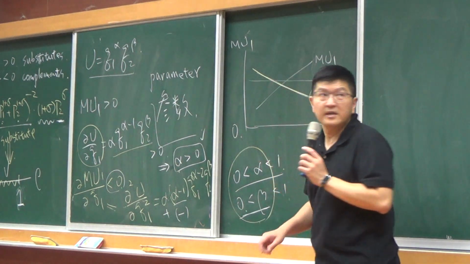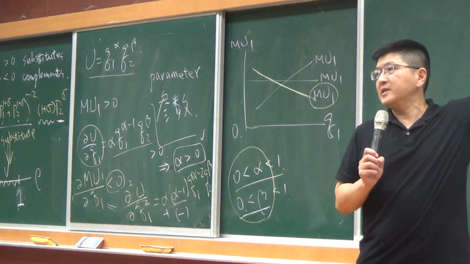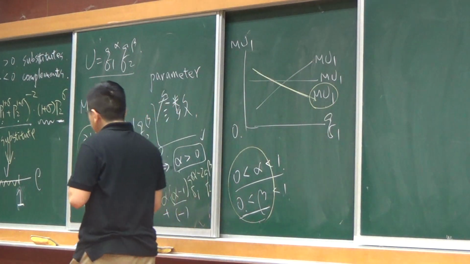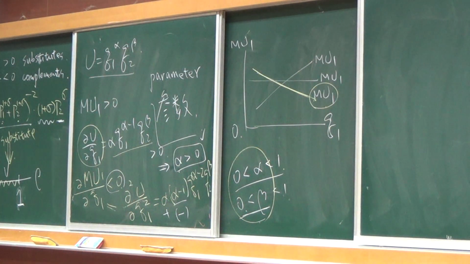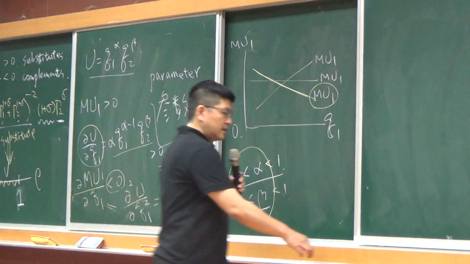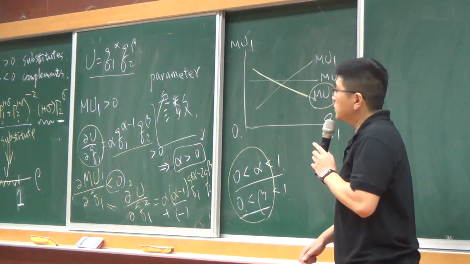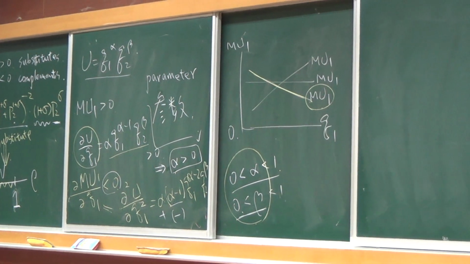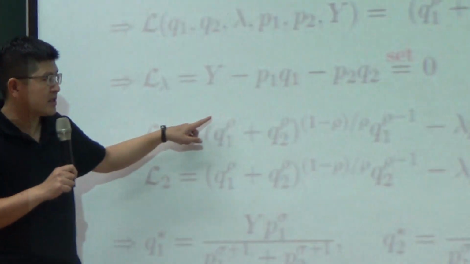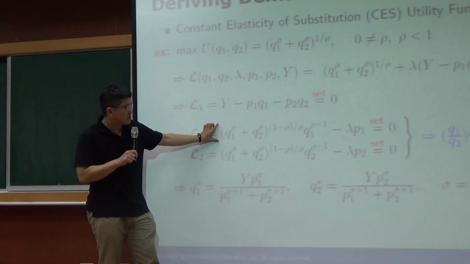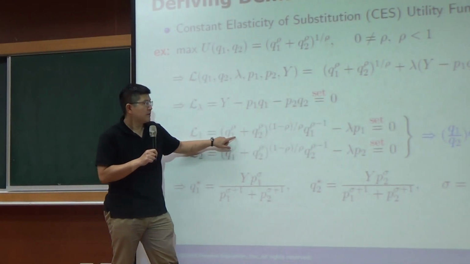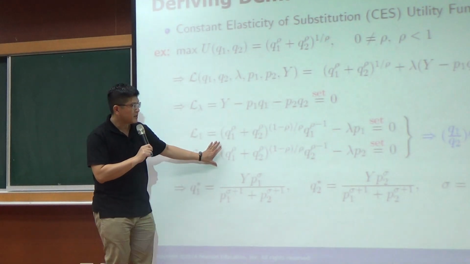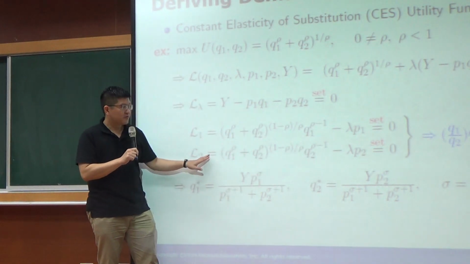Alright, then let's go back to check. What about CES? What about CES for good 1 and good 2 to be good? This is the marginal utility of good 1, and this is the marginal utility of good 2.